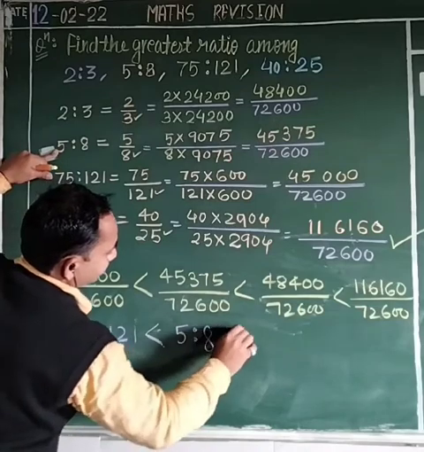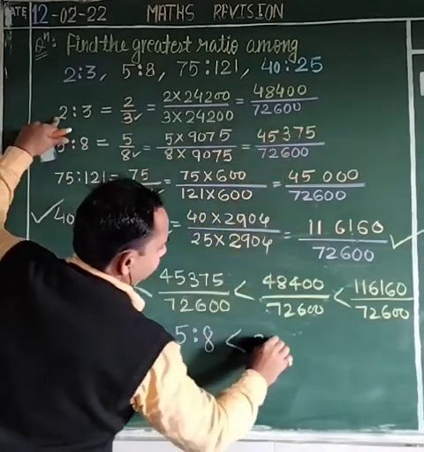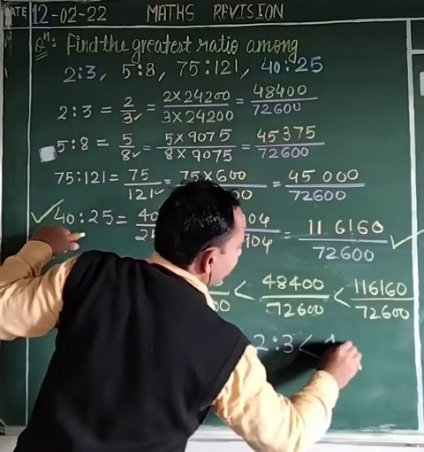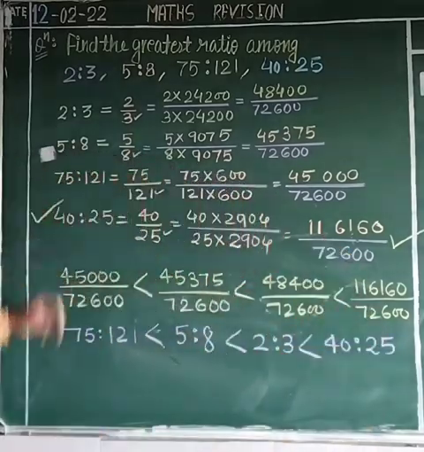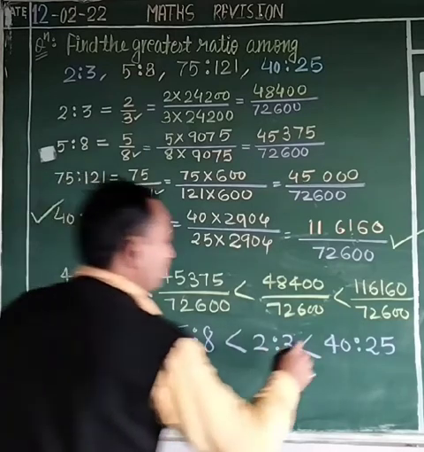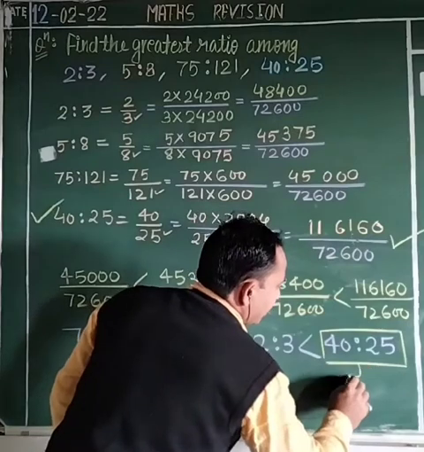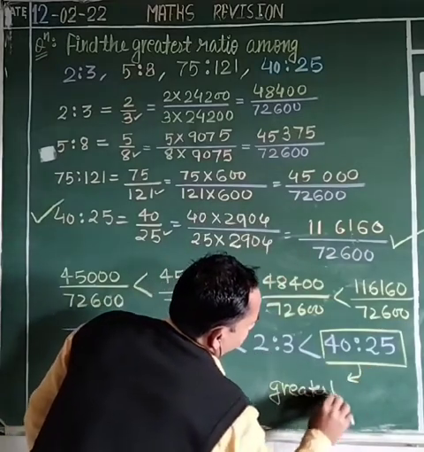See, this means 2:3, and the last one is 40:25. So just see, this is the biggest ratio, greatest.